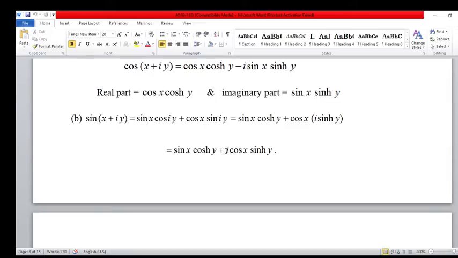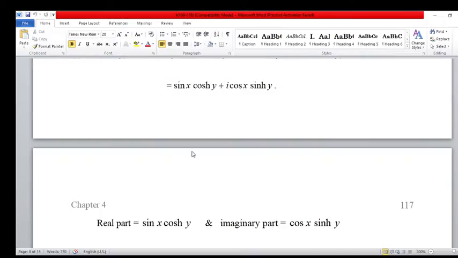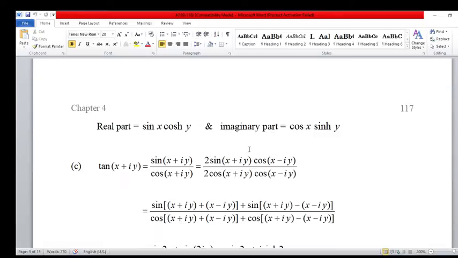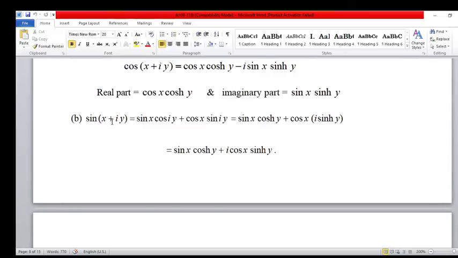Again separate: the real part is sin x cos hyperbolic y, and the imaginary part is cos x sin hyperbolic y. This is the separation of sin(x+iy).